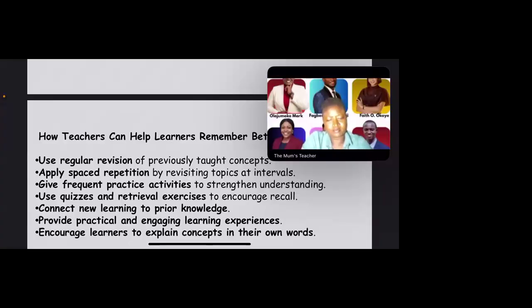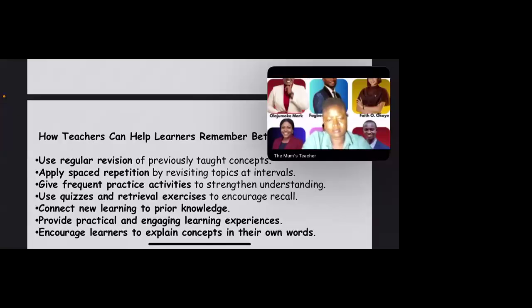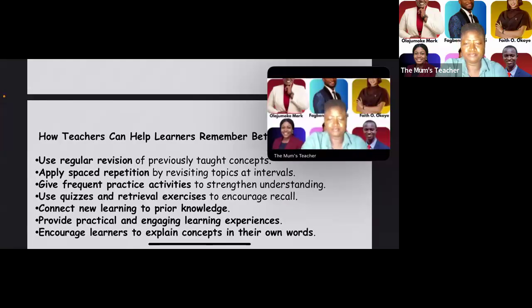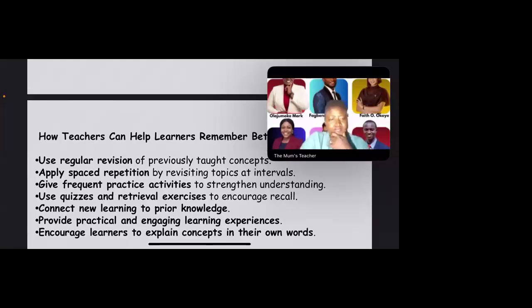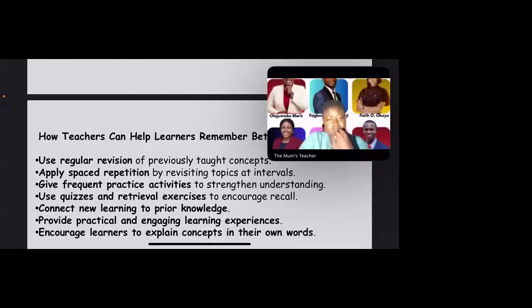In week 5, you can still throw a question from a topic you taught in week 1 or week 2. You should be able to apply spaced repetition, revisit topics at intervals. Most times in most school timetables, mathematics is taught in the morning between the first 3 periods. On rare occasions, we see it coming after break.